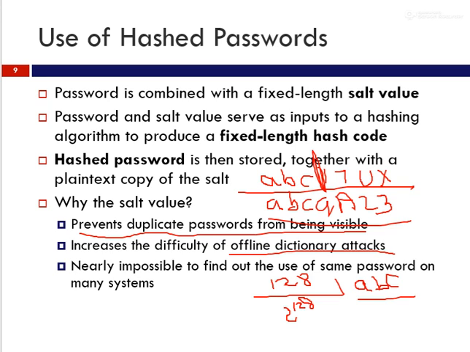Yes, if you are using the same password to log into different systems, and if salt value is used, then on each different system it will generate a different hash code, and it would be difficult to find out that the same password is used on different systems. So these are the uses of salt value, why we add salt value.